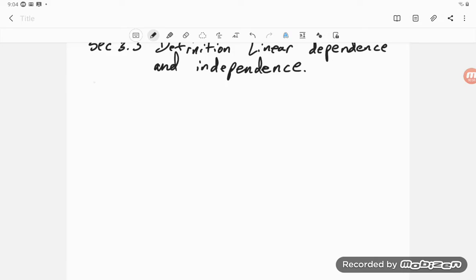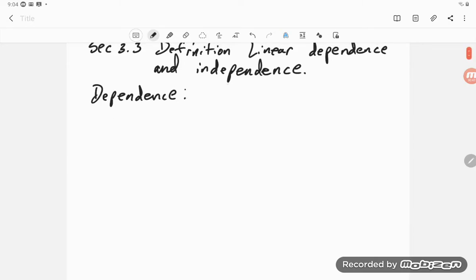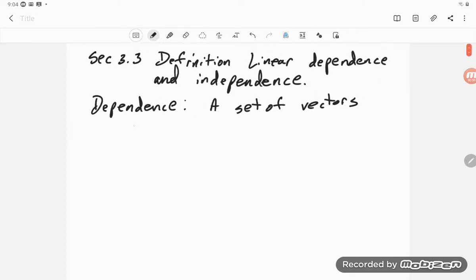For linear dependence, what we have is a set of vectors x1, x2 up to xm in Rn.